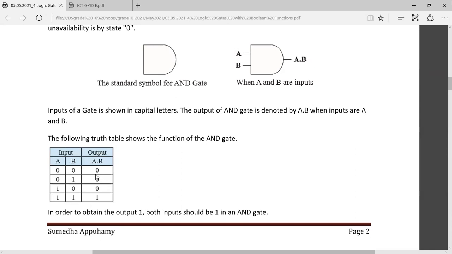So here it will display the input combinations as well as it will display the output. A table that is used to display the input combinations and the relevant output, that is what we are calling the truth table. Remember the name, truth table.